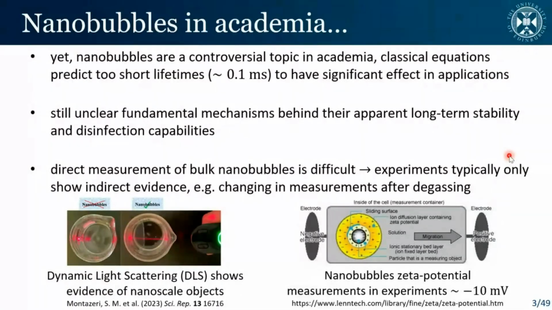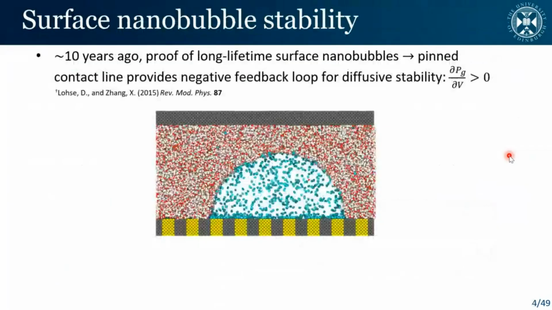But experiments really struggle to conclusively prove that nanobubbles are present. Despite that, there are some people who are very adamant that they exist and are performing a beneficial application. This is the case for bulk nanobubbles. These are spherical nanobubbles within the bulk liquid.